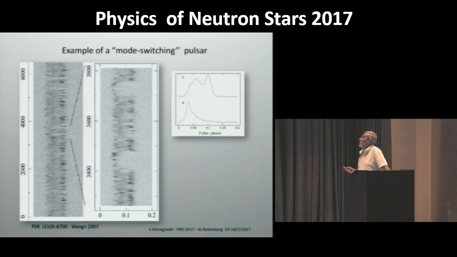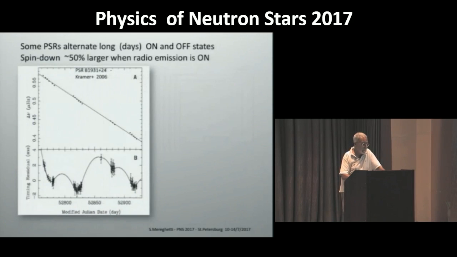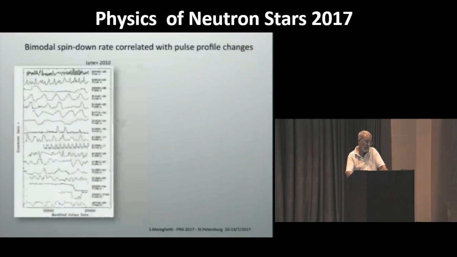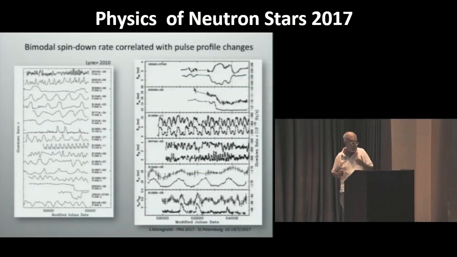For instance, the average radio pulse profiles. We have pulsars that switch off for long periods of time, and during the switched-off period, also their period derivative changes. There are pulsars that show a kind of bimodal behavior in the spin-down, and again, this kind of variability correlates with the radio emission.